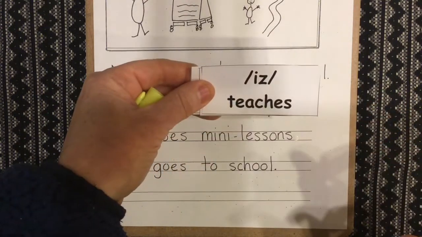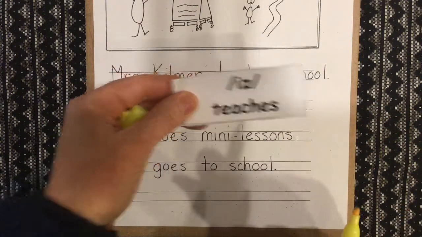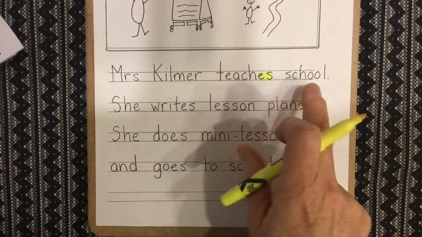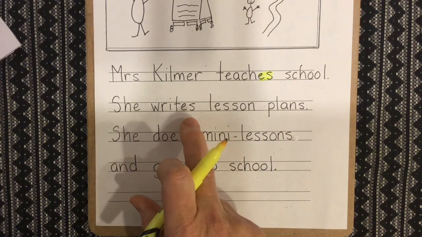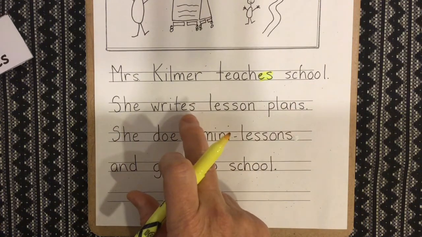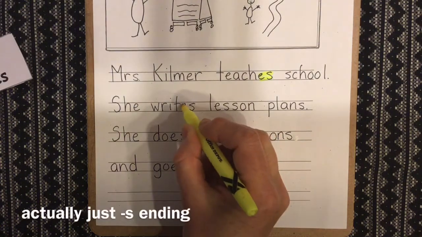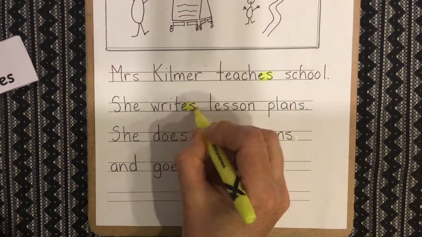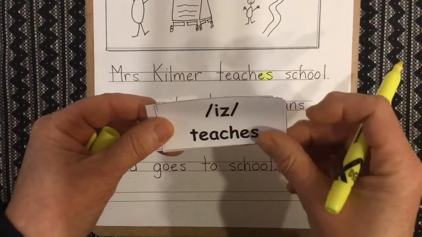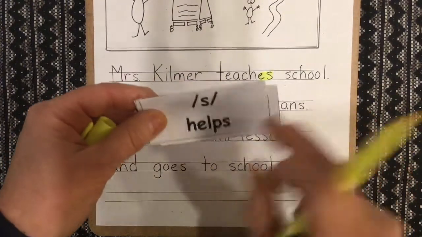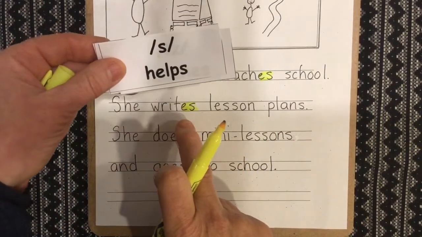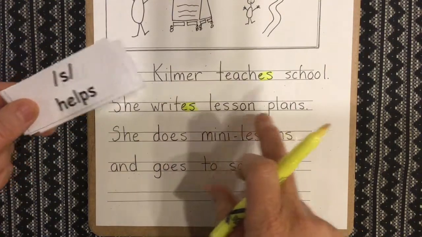Teaches makes iz, sounds like the iz ending, okay? Mrs. Kilmer teaches school. She writes lesson plans, writes. Oh, there's an es ending, and it's making what sound? It's making the s sound, like in helps. Writes, okay? She writes lesson plans.